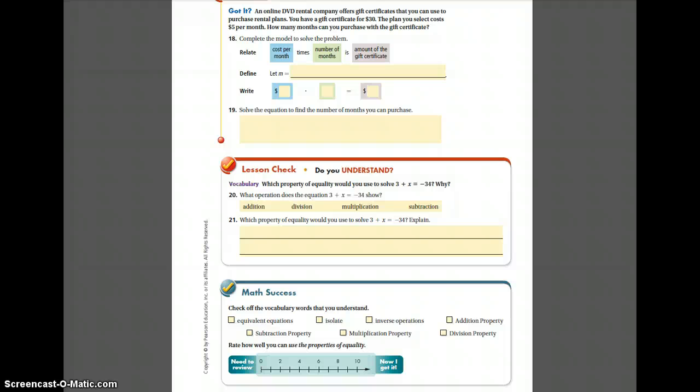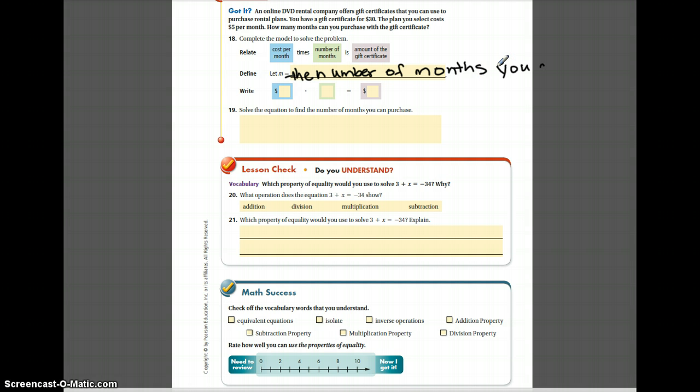We're going to begin by letting M be the number of months that you can purchase. And so then we're going to write 5 times M equals 30.